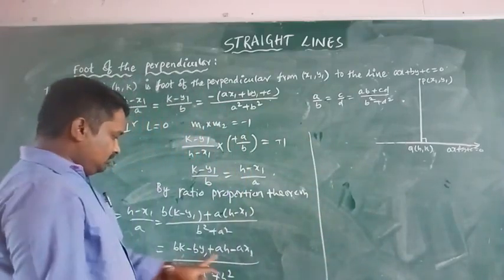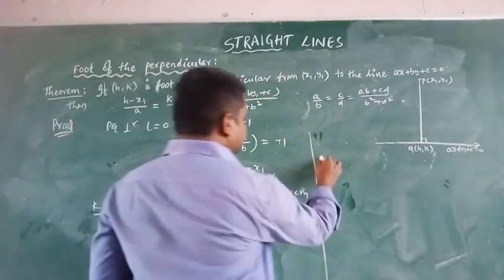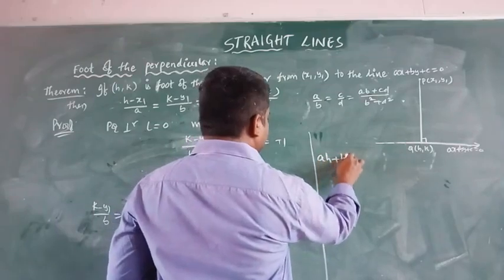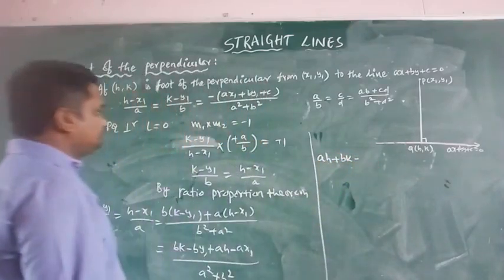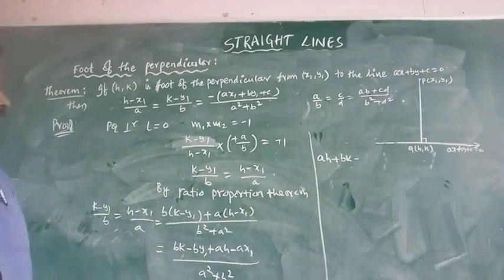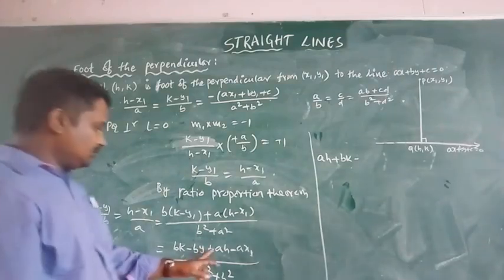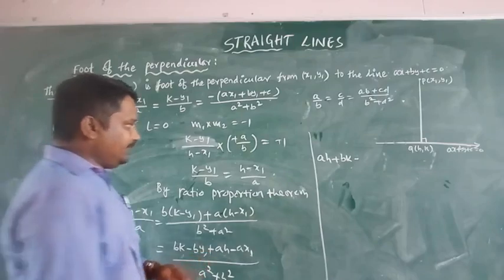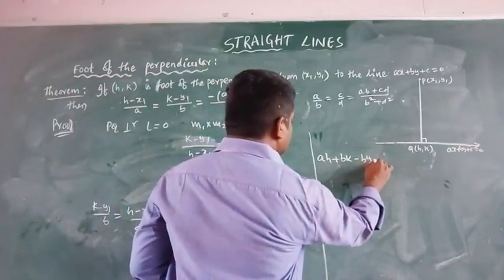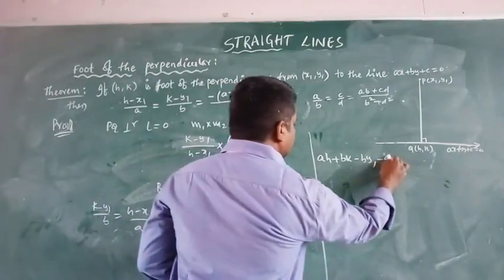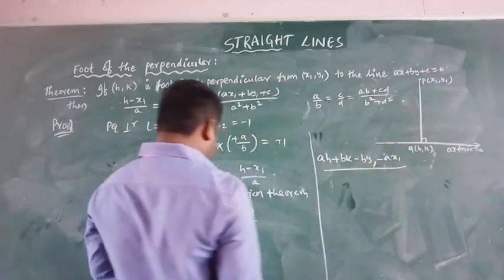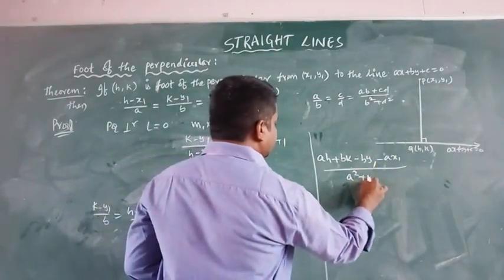So in this, ah + bk minus by1 minus ax1, over a² + b².